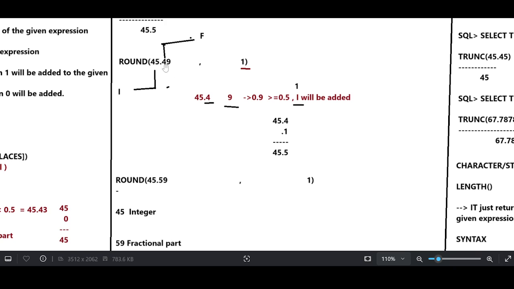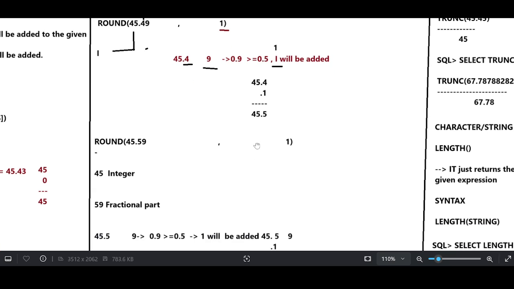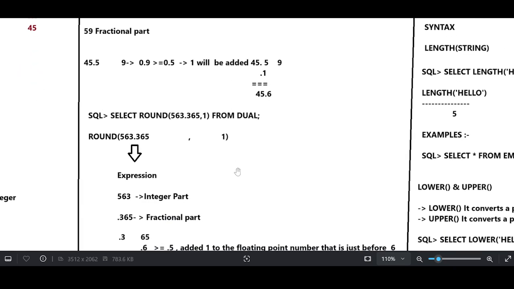For example, if you pass 1 as the argument, it is going to round off accordingly, since it will consider only 45.4 because it accepts only one fractional part. The next fractional part is added based on this condition: if it is greater than 0.5, 1 will be added, so the output is going to be 45.5. If not, 0 will be added. We have seen some examples yesterday.